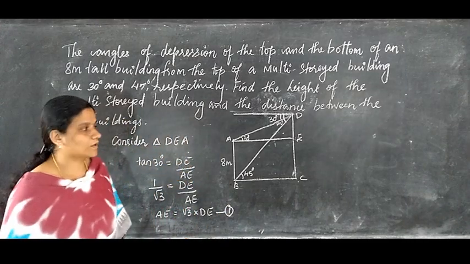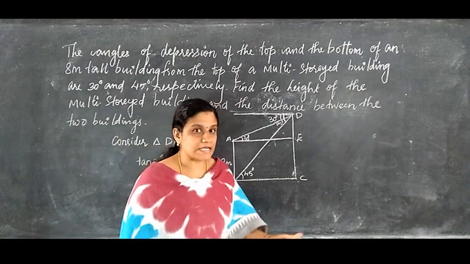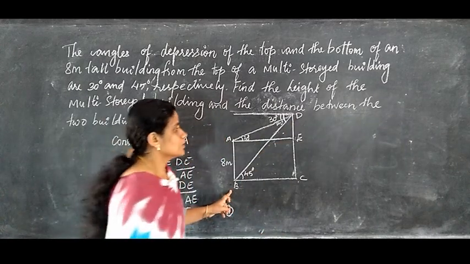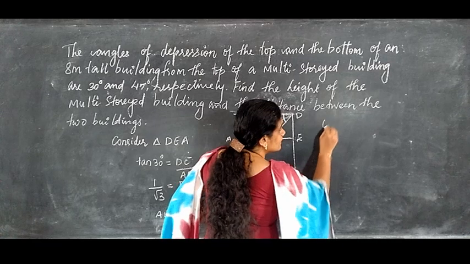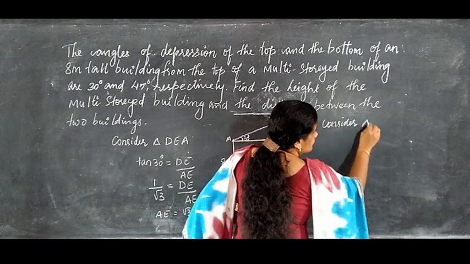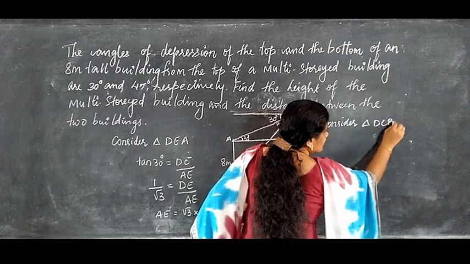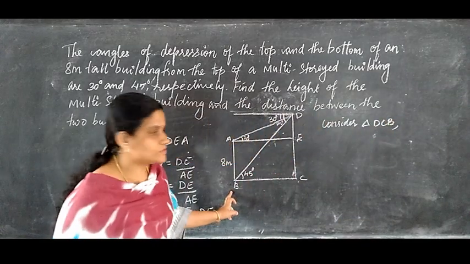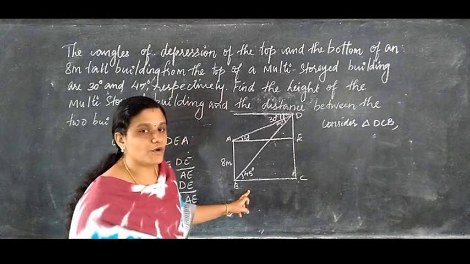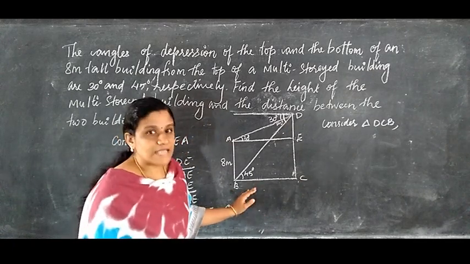Is it clear? Now we are going to consider the next right angle triangle DCB. Here also we have to find the opposite side and adjacent side. Therefore, you are going to choose the trigonometric ratio tan theta.